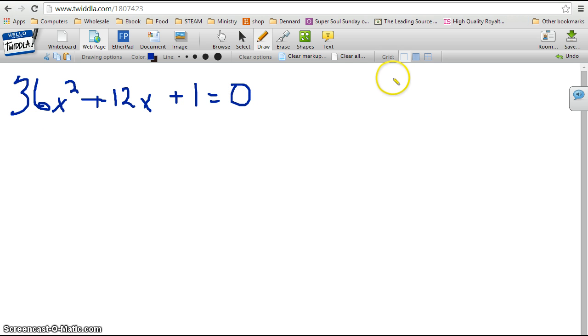Okay. 36 times 1 equals 36. What two numbers, when I multiply them together, give me 36, and when I add them together, give me 12?